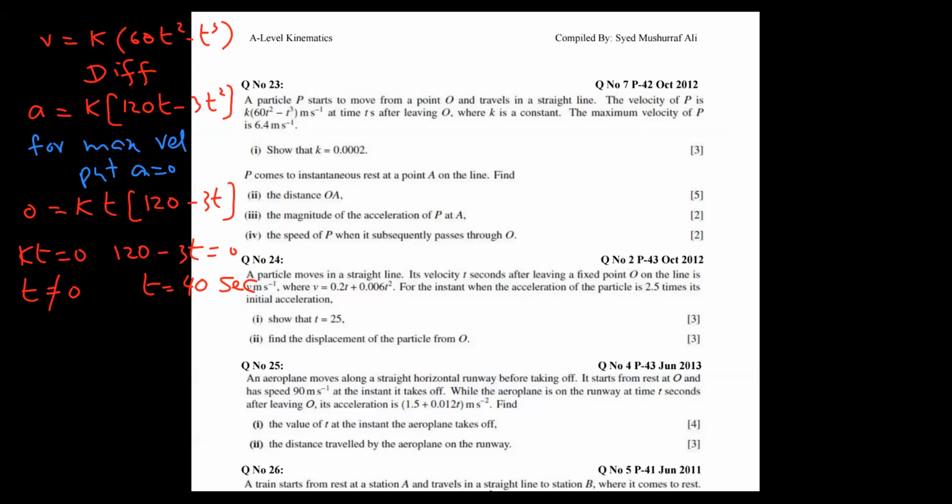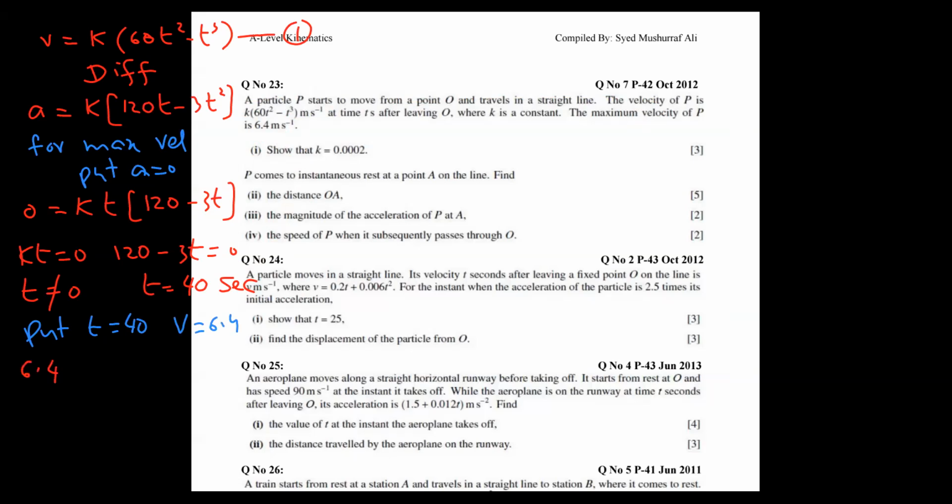So I put time 40 and velocity 6.4 in the top equation 1.